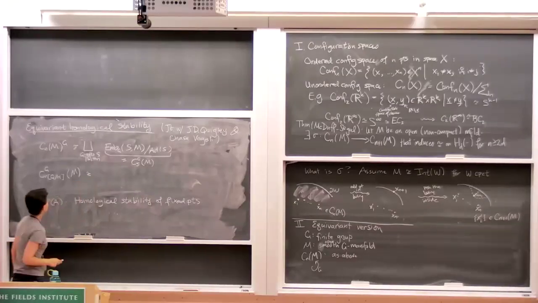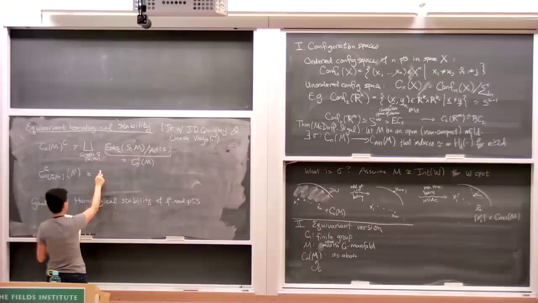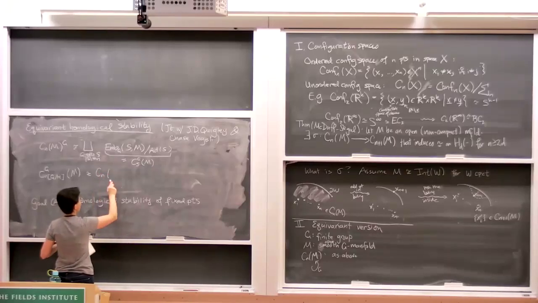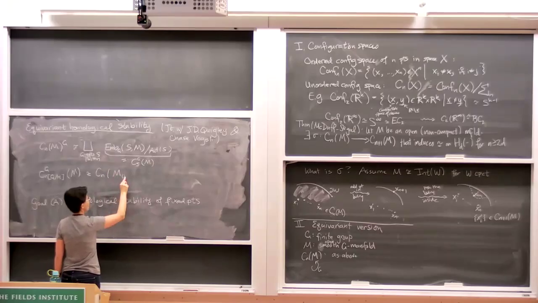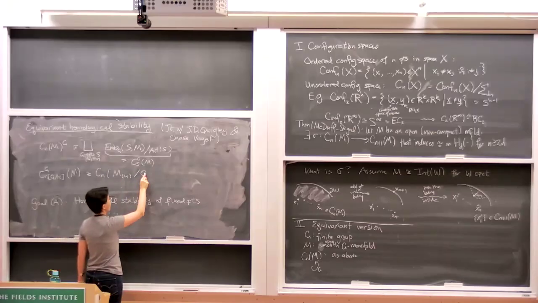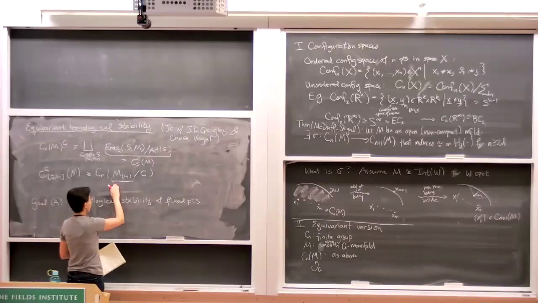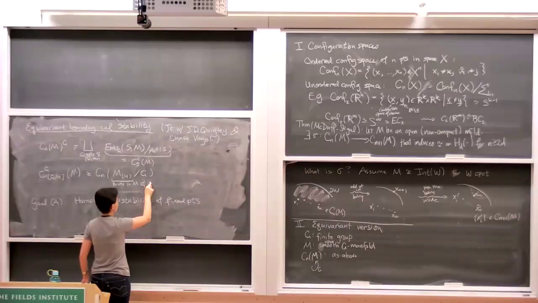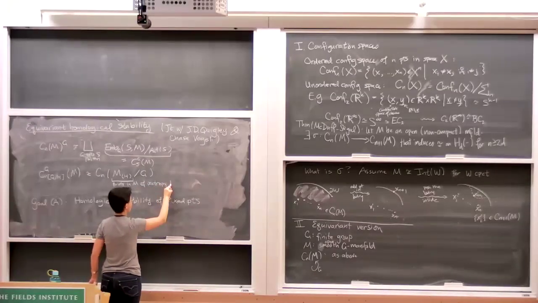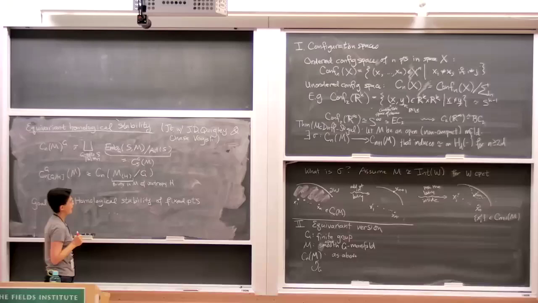So picking out n G mod H orbits inside of M is the same thing as picking out n orbits in the part of M that consists of points in M of isotropy H. So both sides here are saying pick out n different G mod H orbits.